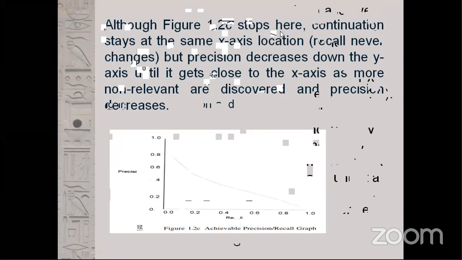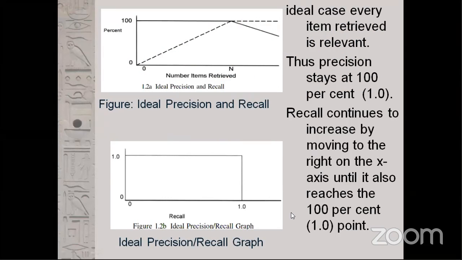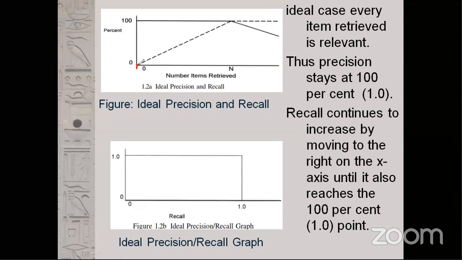So in your PPT, if I take this particular thing here, initially I start at 0%. After that, my precision and recall percentages increase as I retrieve more documents.